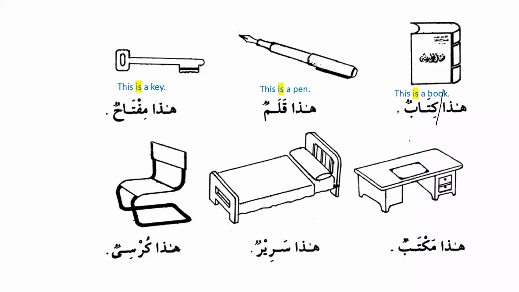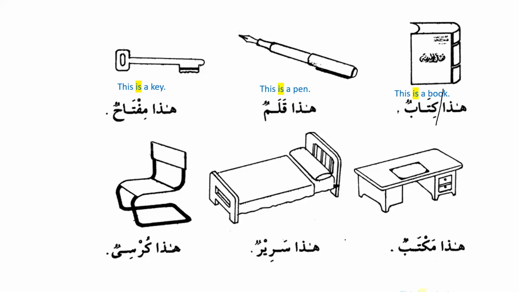Again, I'm emphasizing that in order to get a complete sentence, we should have a definite noun and an indefinite noun. Ma'rifa and nakira. When we have the combination of definite and indefinite noun, then it becomes a complete sentence. So we have book here, qalam here, and miftah over here.